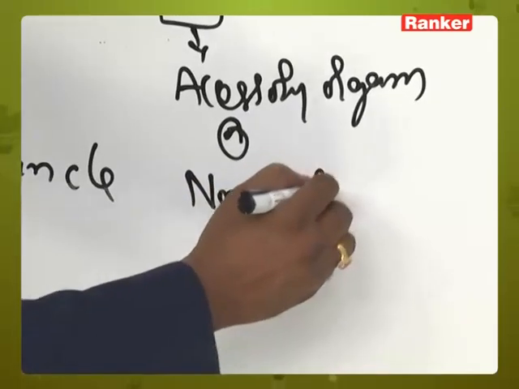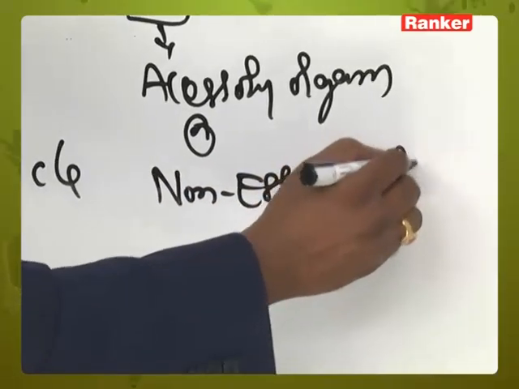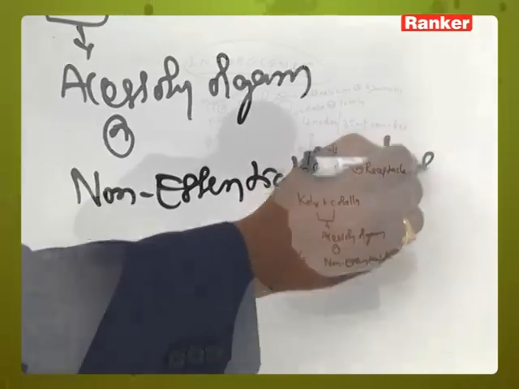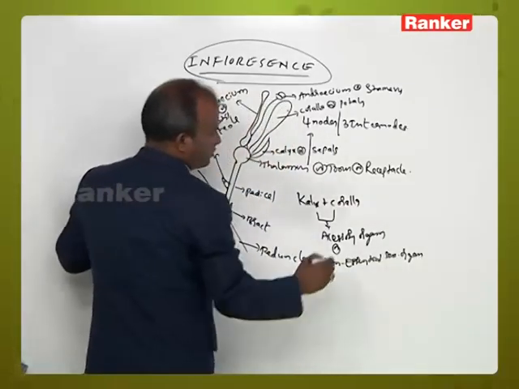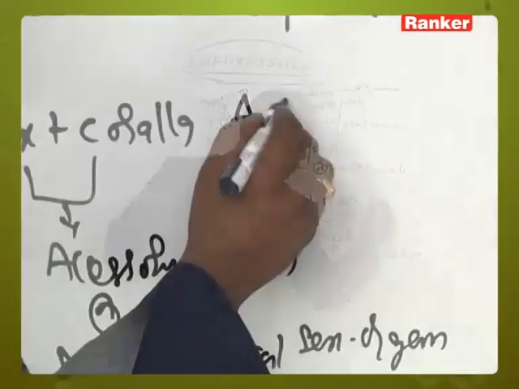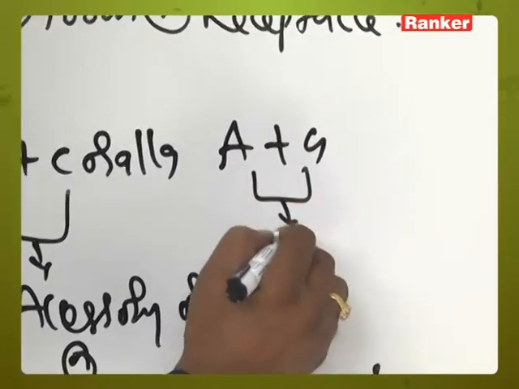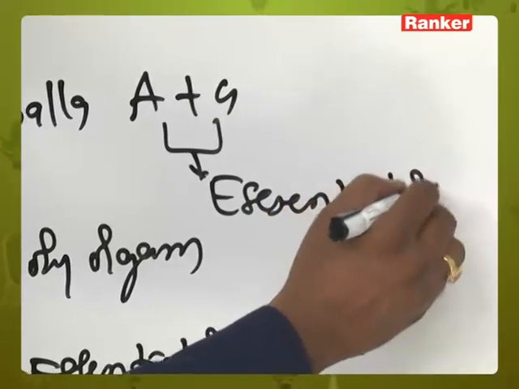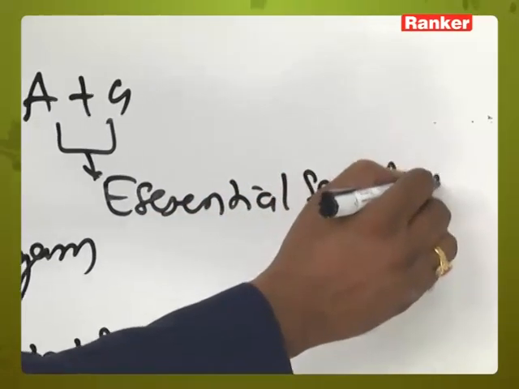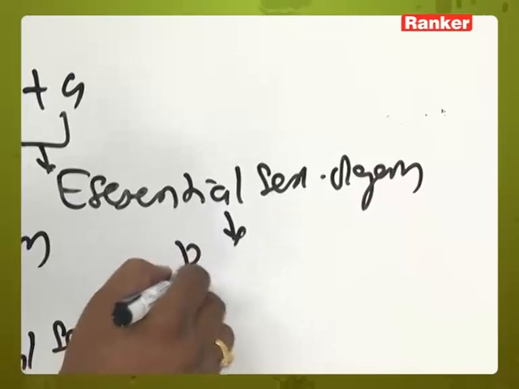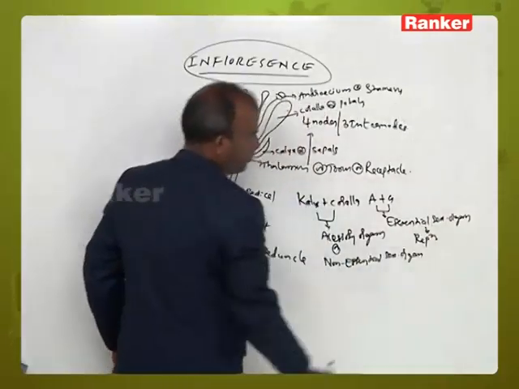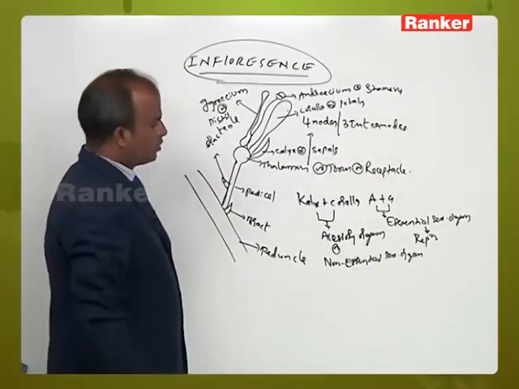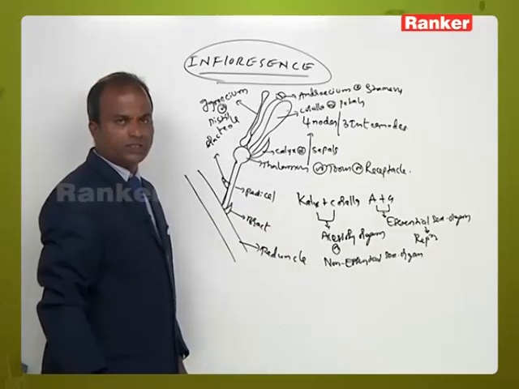And androecium plus gynoecium are called essential sex organs, which play an important role in reproduction.